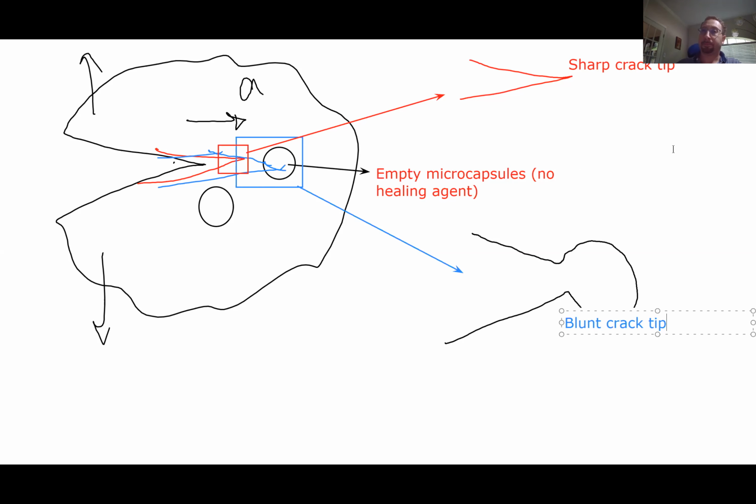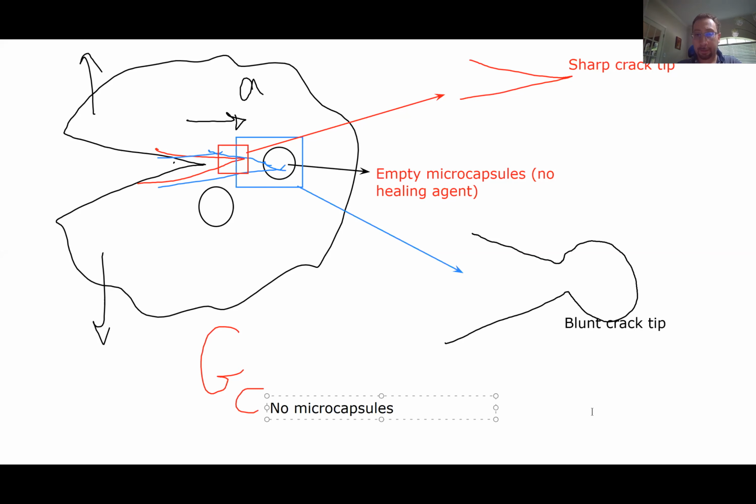So my point is the fracture toughness, or even if you consider G_C, if you don't have these microcapsules, the case where you don't have is going to be less than G_C of the case where you have empty microcapsules.